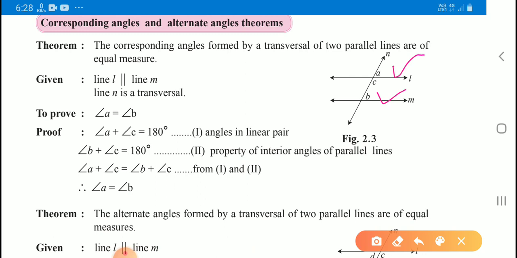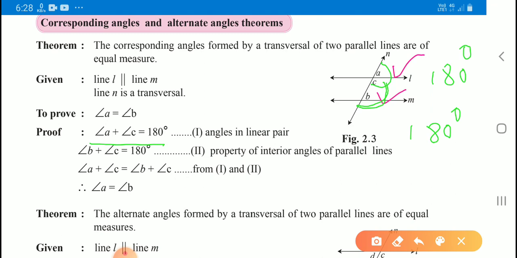Now how to prove it? Look, you can see here angle C and angle A. These two angles are in a linear pair, so their measure is equal to 180 degrees. So angle A plus angle C is equal to 180 degrees; first equation, angles in linear pair. As well, if you see angle B and angle C, which type of angles are these? Interior angles. So their measure is also 180 degrees, by the property of interior angles of parallel lines.